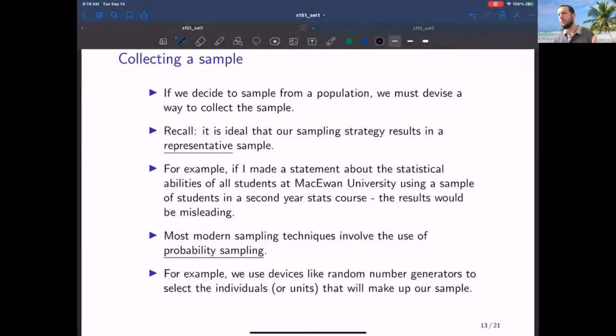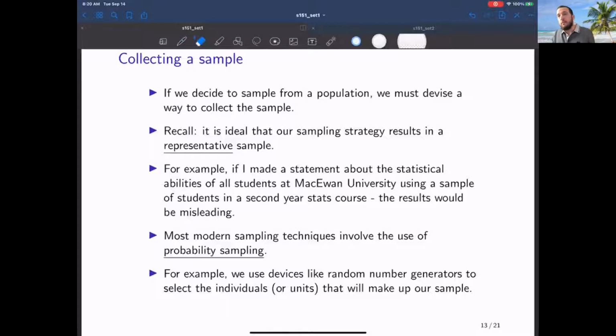I actually don't know how many students are at MacEwan, but let's say there's 14,000 students at MacEwan, something in that area. You could do something as simple as saying, label every person in alphabetical order. So starting with the first person on the list, they're number 1, all the way down to the last person on that list, number 14,000. Just send me information for the first 20 people, and that's going to be my sample.